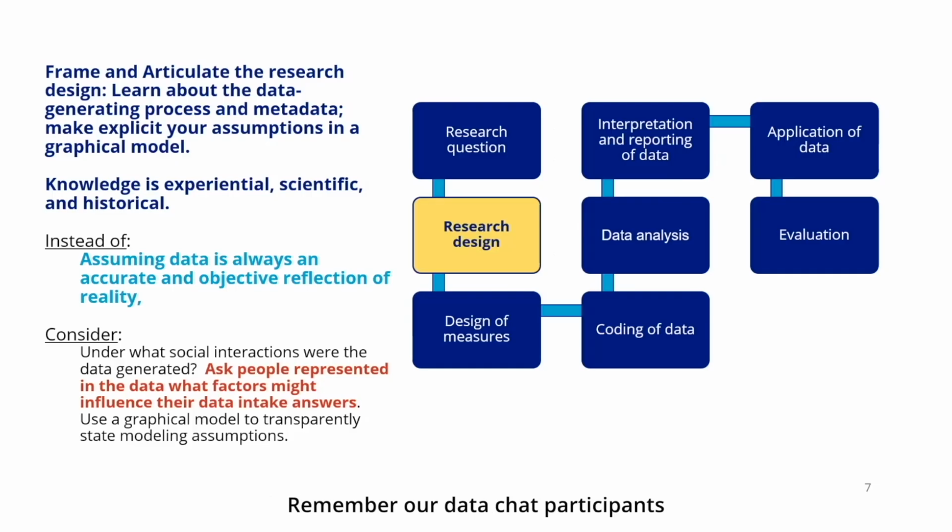Remember our data chat participants and how their disclosure of personal information like race and gender identities was influenced by safety and stigma? This is important information to contextualize the race and gender information in the homeless management information system and our integrated data systems in general.